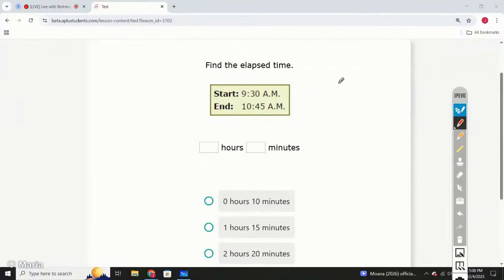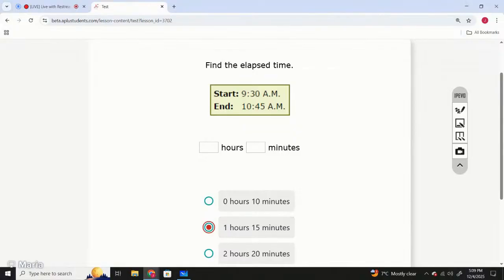After 1 hour from 9:30 it is 10:30, and from 10:30 to 10:45 it is 15 minutes, so it is 1 hour and 15 minutes. The correct option is option number 2.